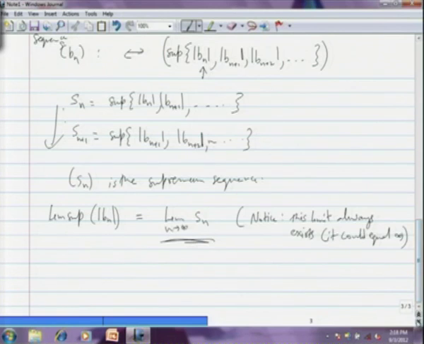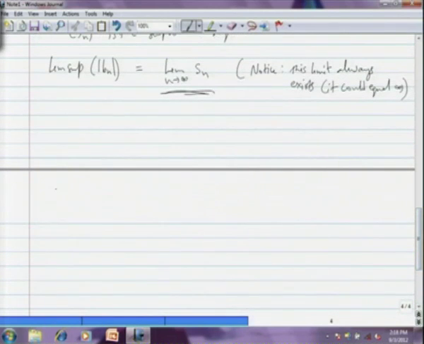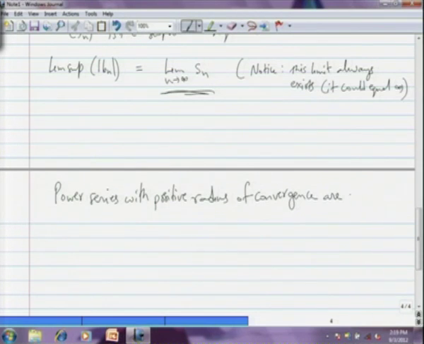So, we will start showing that power series with positive radius of convergence are analytic. All right. So, first we will need the following lemma.